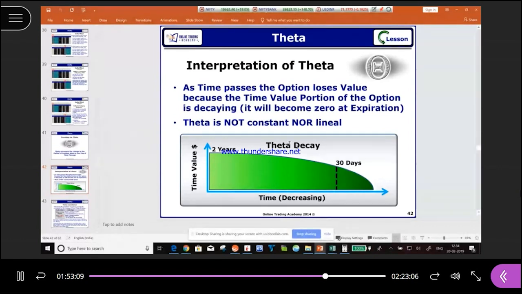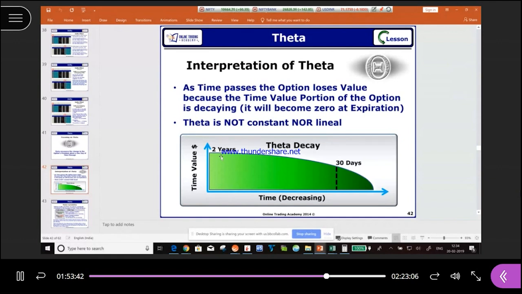Got it? Less time value, lesser value of theta. The closer we are to expiry, the higher the value of theta. Theta will keep on increasing as we come closer to expiry. Remember, more the time value, lesser the theta.